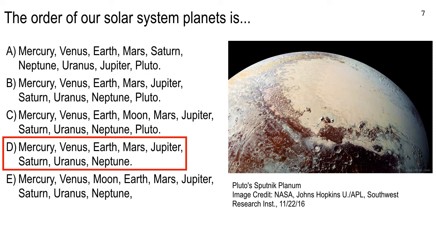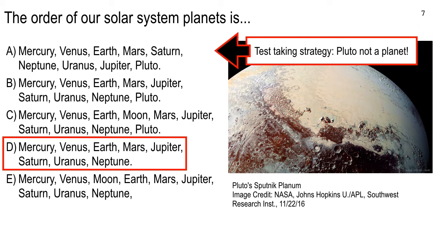The one that you always want to remember on my exam and on every exam is, if you're completely stumped, try to reject some of the options, all right? And then make a guess. Now, let's say you don't know whether D is correct or not, or any of them. But let's say that you do know that Pluto is not a planet.